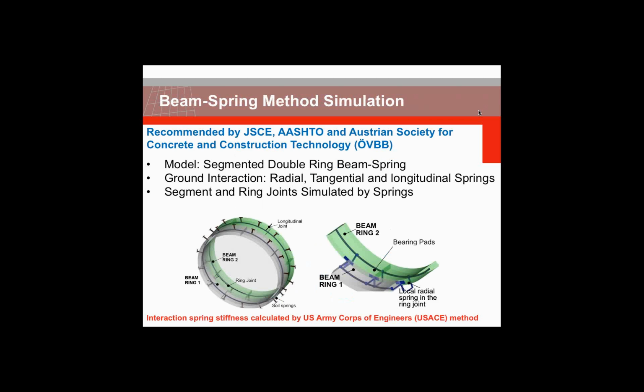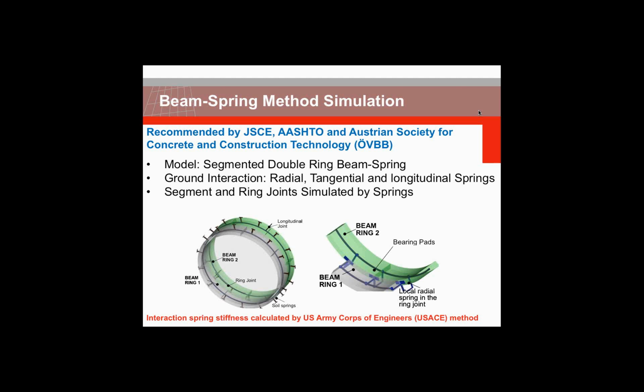The beam spring method is another famous method used for ground and groundwater load case analysis. This is recommended also by JSCE, AASHTO recommends it, and the Austrian Society for Concrete and Construction Technology, OVBB. It's usually modeled by segmental beam elements, as is shown in the left figure, and you can see that ground interaction is usually modeled by radial, tangential, and longitudinal springs.